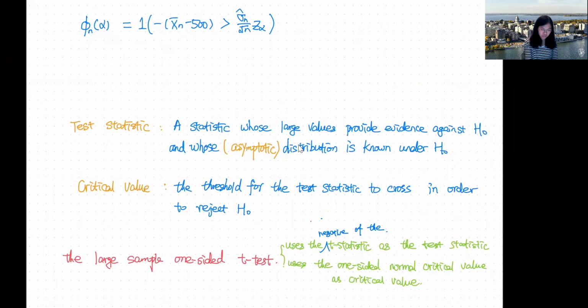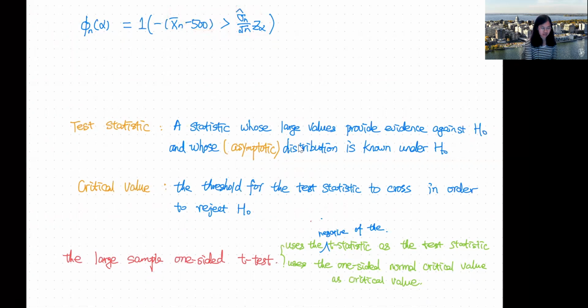All right, so this is what we figured out. That's our test for the battery runtime example. So we want to reject the null hypothesis if x n bar is this much lower than 500 or more.